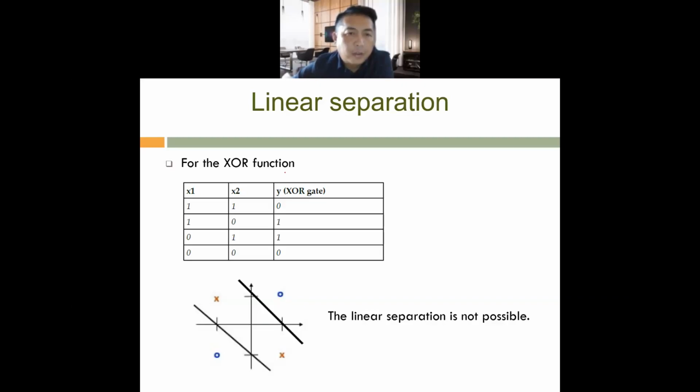So for the AND and OR functions, we could find a line that will separate them into two classes, but for the XOR function, it is impossible to get the linear separation. So for this one, perceptron cannot be used to make prediction.